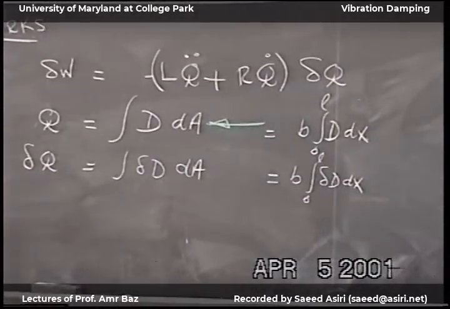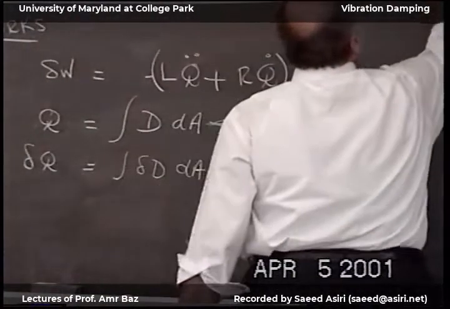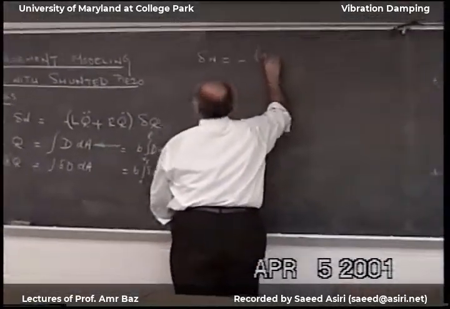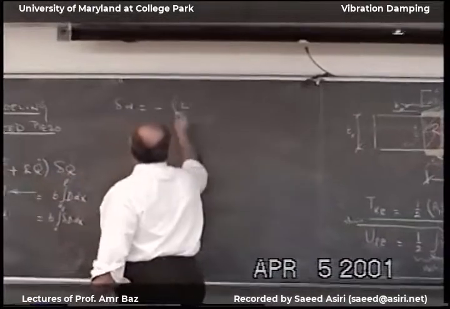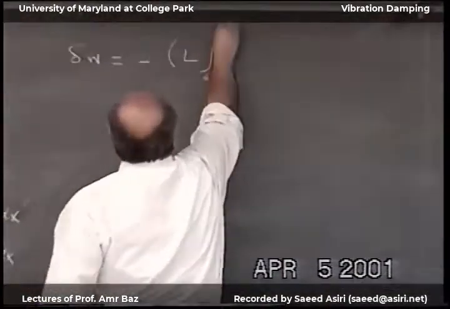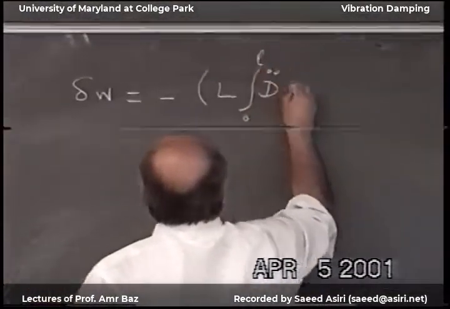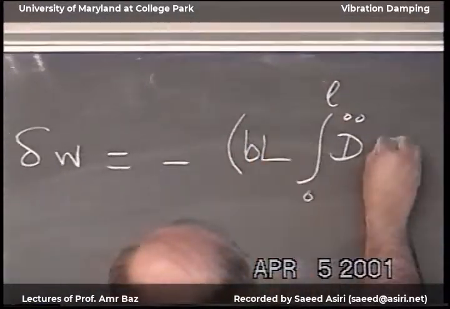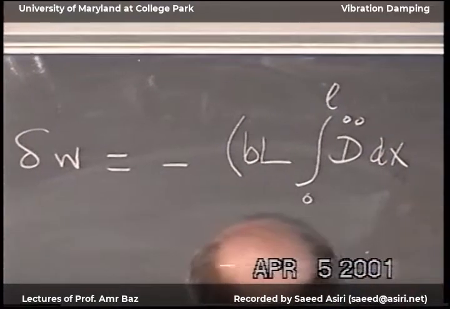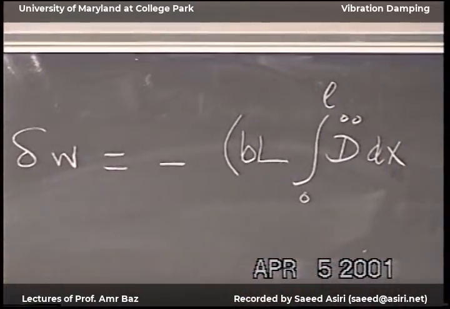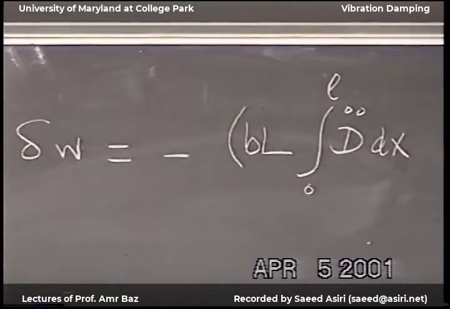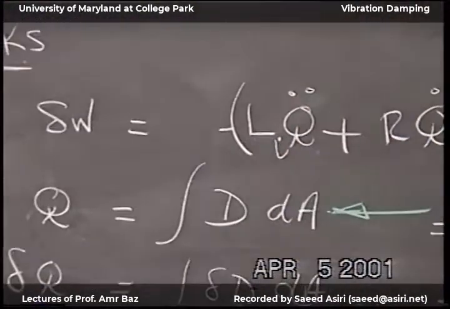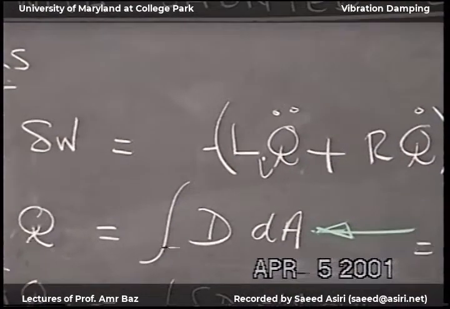Okay, now I'll take these and plug them in del W. So this will equal minus L. Q double dot will equal the integral from 0 to L of D double dot b dx. This L, as we said, is the inductance, so we'll just give it L sub I, so we don't mix it up with the length, small l.